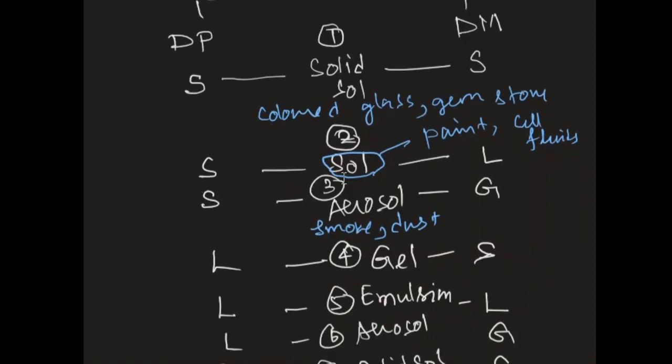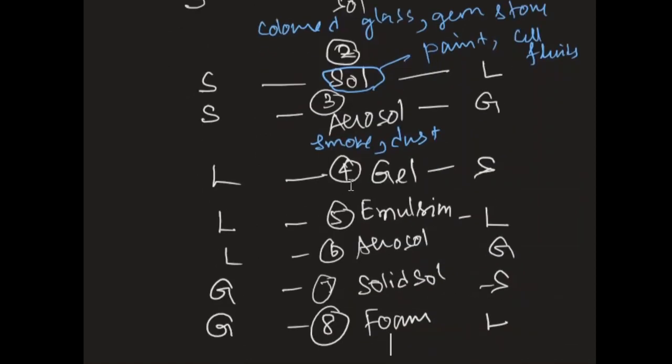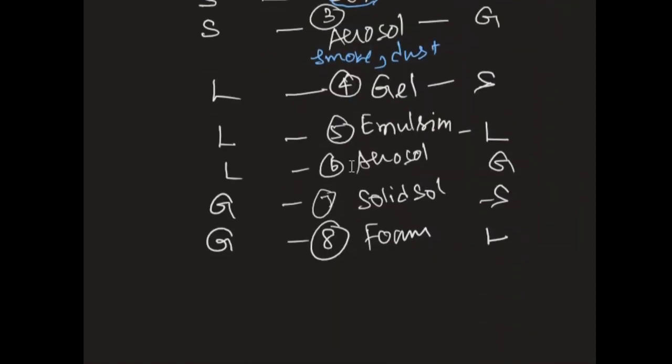Then sol, aerosol, gel, emulsion, aerosol again, based on liquid gas. Then solid sol, that is gas and solid, and then foam. Likewise, you have 8 types of classification of colloids. Do you understand this?